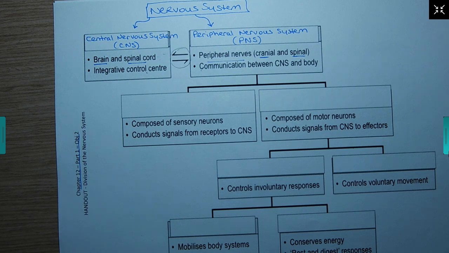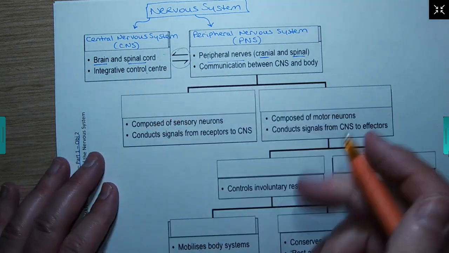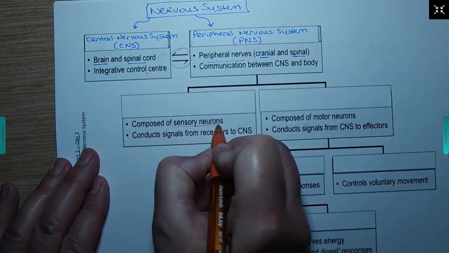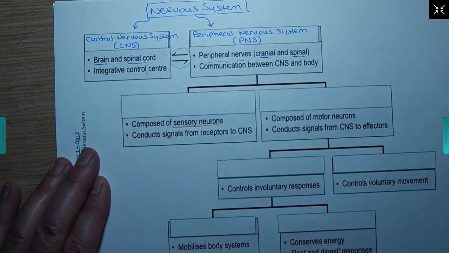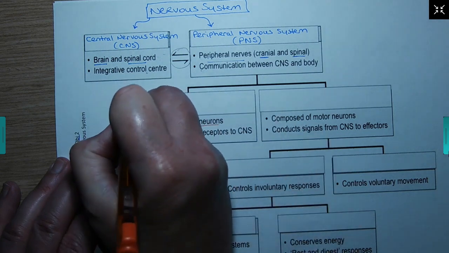Now, as far as the central nervous system, that's pretty much all we're going to talk about. When we get down to the peripheral nervous system, however, that system can be further subdivided into this one right here. Notice it's composed of sensory neurons. So we're going to call this the sensory division.